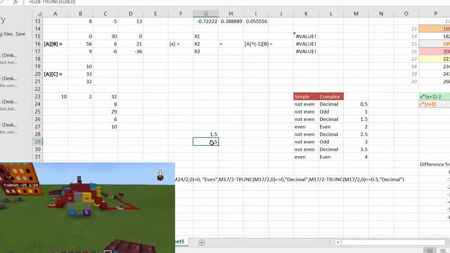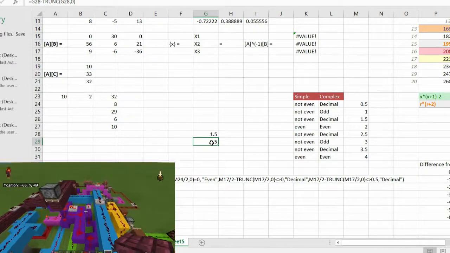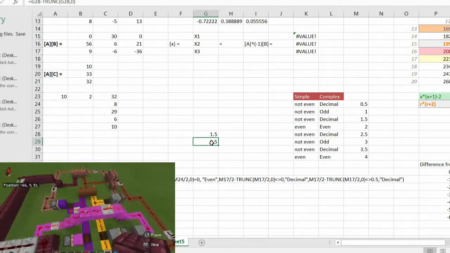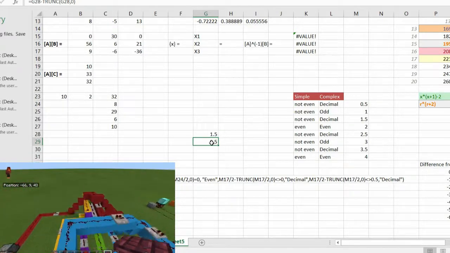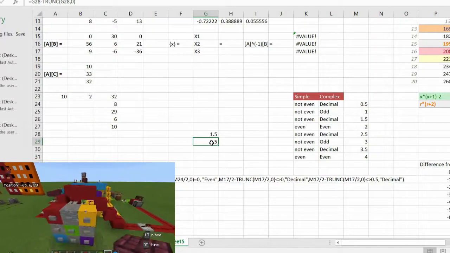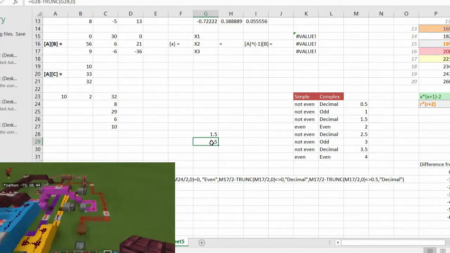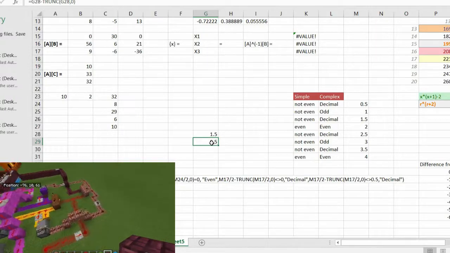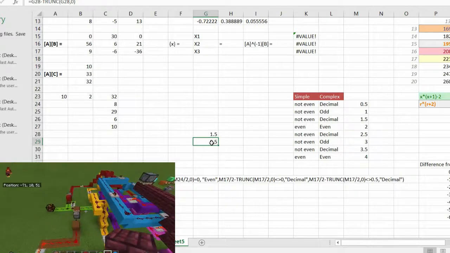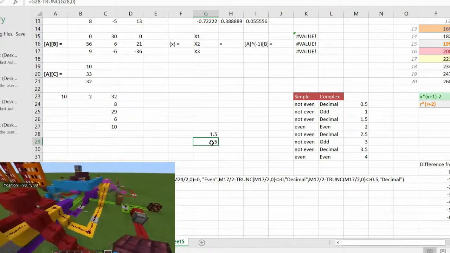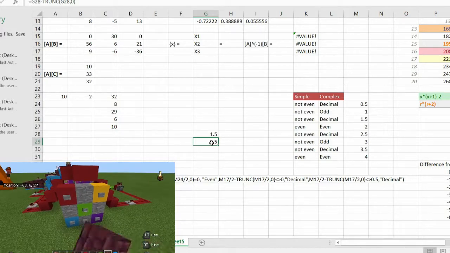Because the truncated version of 1.5 is 1. You get rid of the decimals, it's 1. So basically, if the distance between the actual equation and the truncated version is 0.5, then it's exactly odd. If it's not, then it could be even. If it's not even or odd, then it's a decimal, I believe.